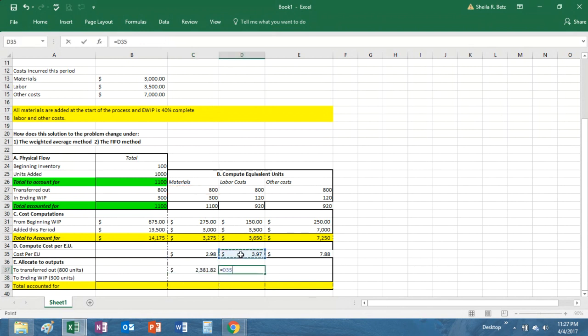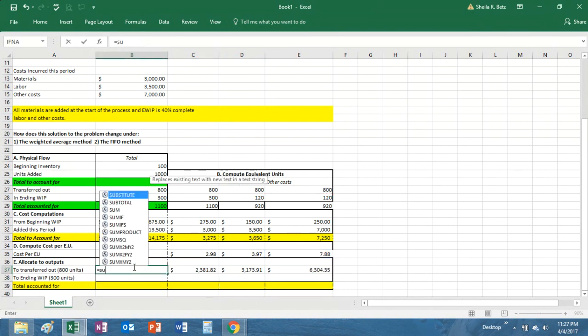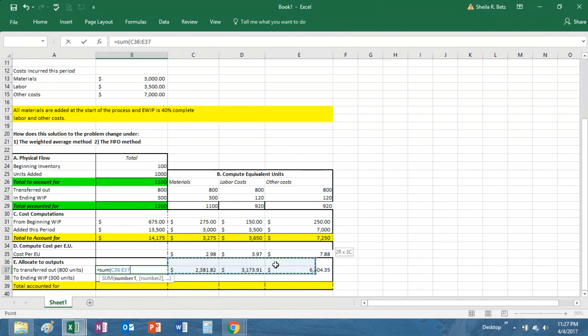Then I'm going to take the $3.97 and times it by the number of units I worked on for labor, and the same with the $7.88 times the number of units I worked on for overhead. So if I sum those up, the total amount of product cost I have in those 800 units is $11,860.80.